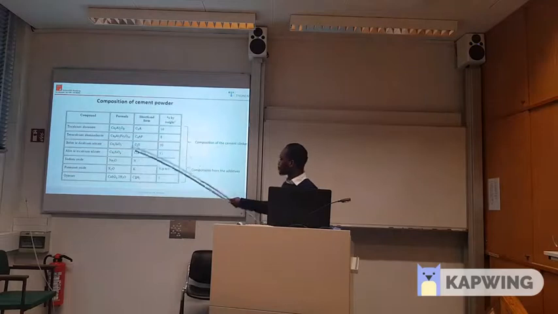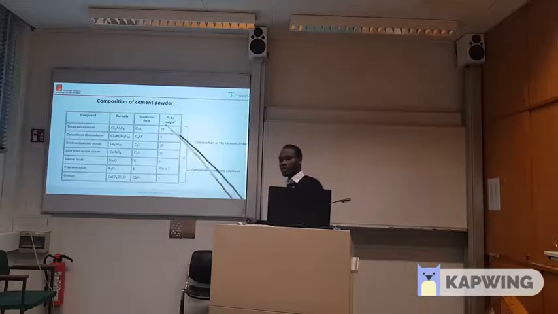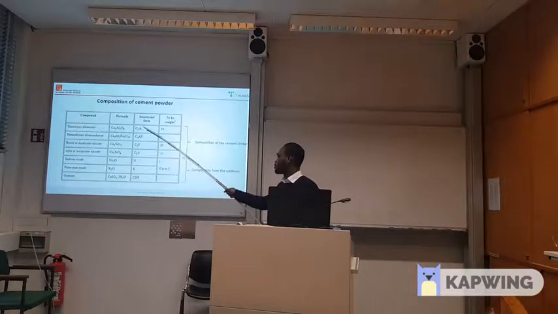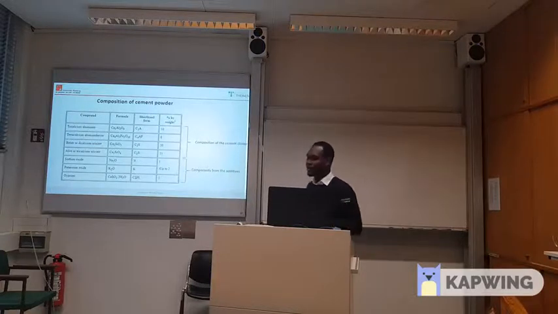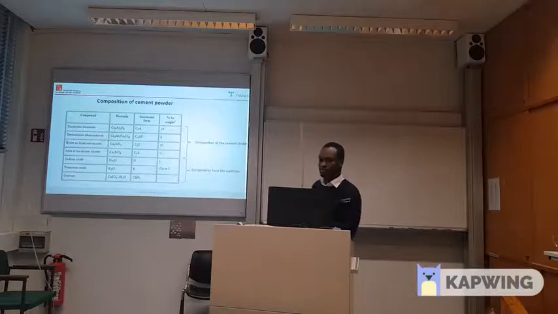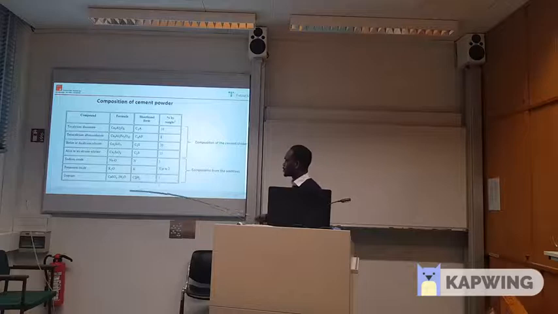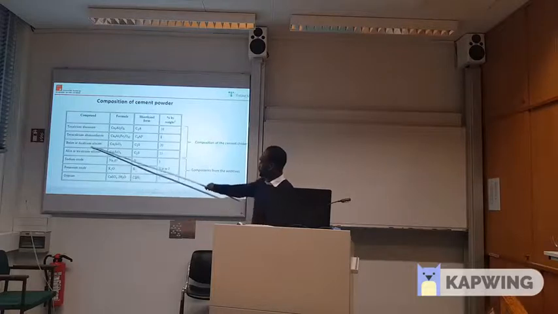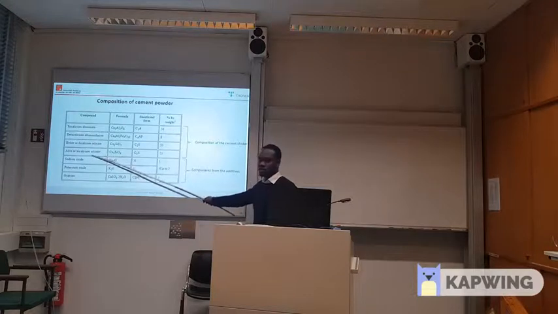We have the tricalcium aluminate, we have the tetracalcium aluminoferrite. But in our field, we normally use the short forms: C3A, C4AF, C2S, and C3S. You can see the majority of it is the dicalcium silicate and the tricalcium silicate.